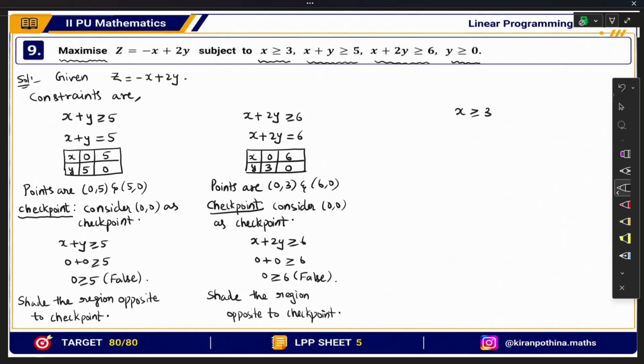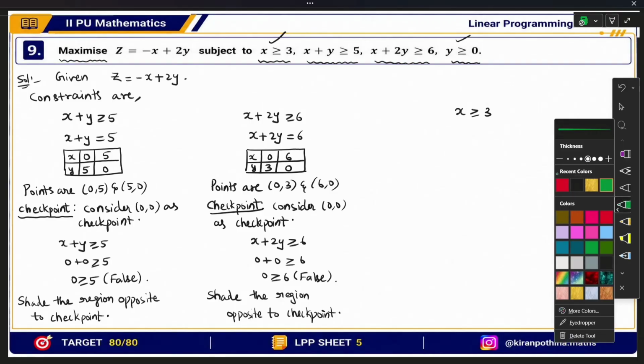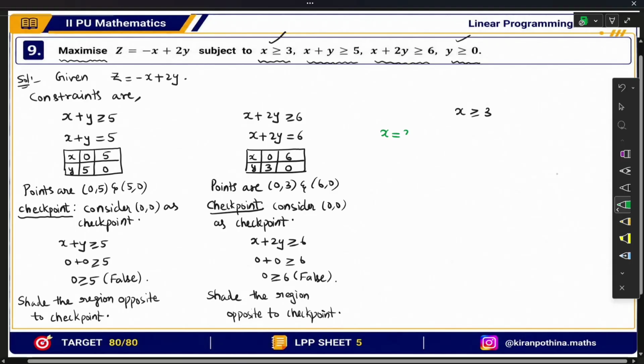Regarding these two inequalities, done. Now two more we have, that is x greater than or equal to 3 and y greater than or equal to 0. How do we write the sentences for x greater than or equal to 3? I will write x equal to 3 is a vertical line. If they give it in terms of y, then we write y is a horizontal line.